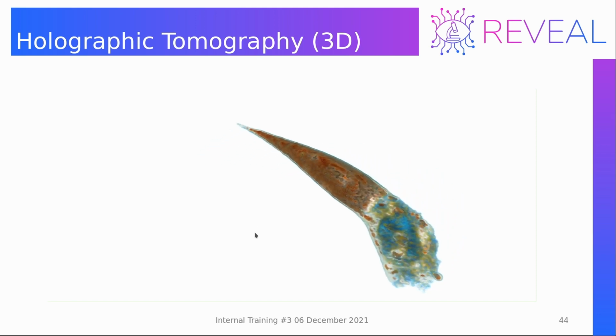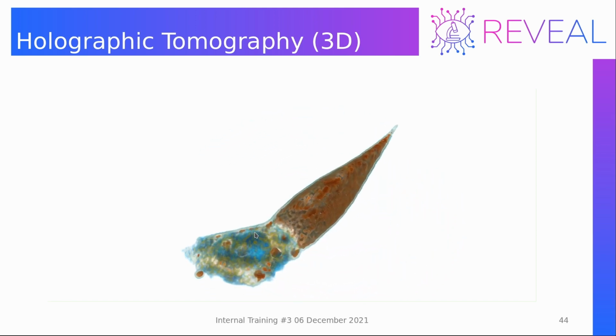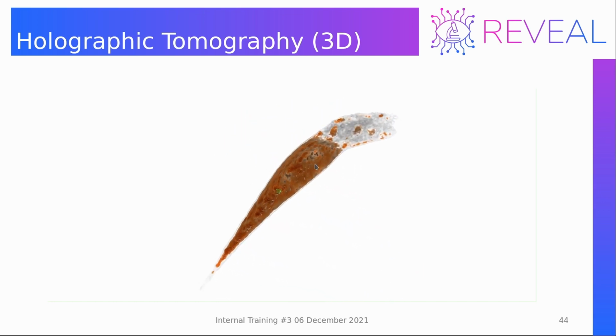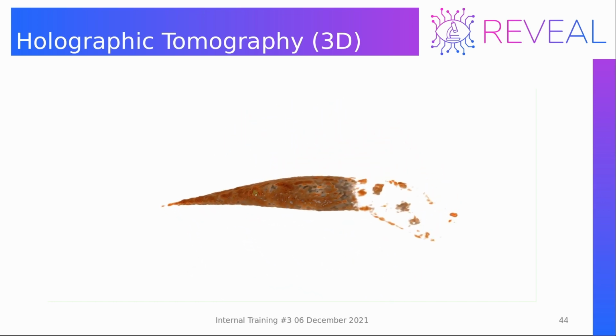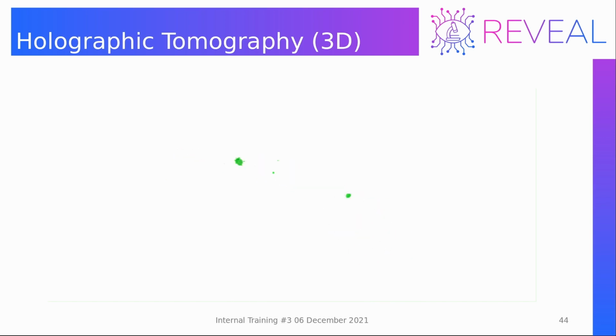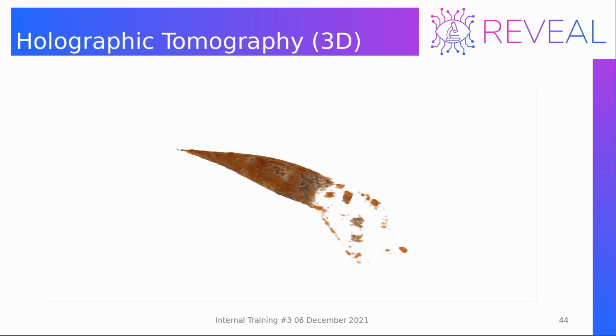And finally, this is the last reconstruction that I wanted to show. This is a biological cell that undergoes some process, and this is to show you that we can create something that I would call digital staining. We can give different colors based on the refractive index values.